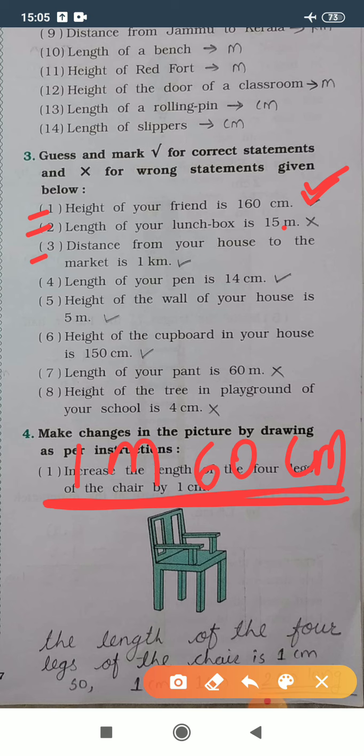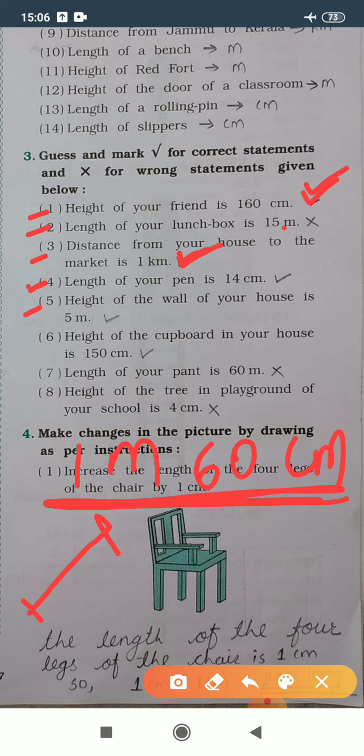Yes, we can calculate distances from one place to another in kilometer, so it can be true that the distance is 1 kilometer, so you can put here a tick. Number 4, length of your pen is 14 centimeter. So yes, it can be 14 centimeter, so just put a tick.